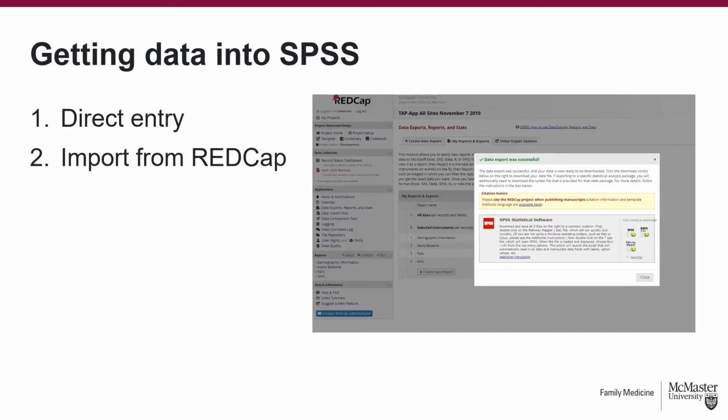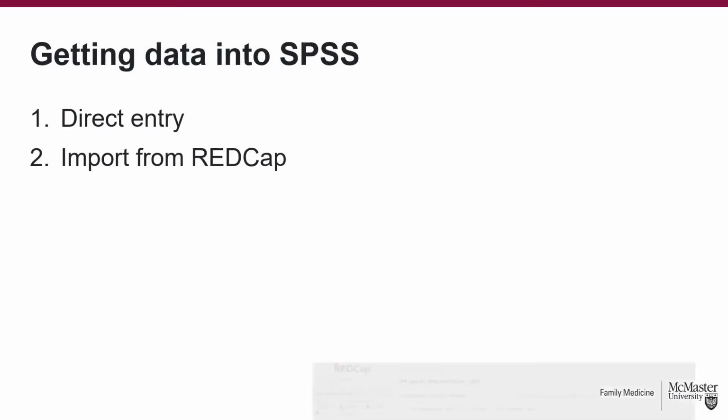So again, you have to set up the data structure first, which we'll get into. And then the third way is import from CSV file. REDCap has that nice feature where it will do it in an SPSS file format and take all that information that you've already set up and transport it over.